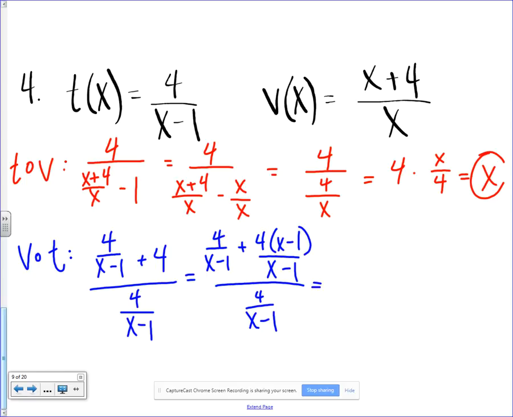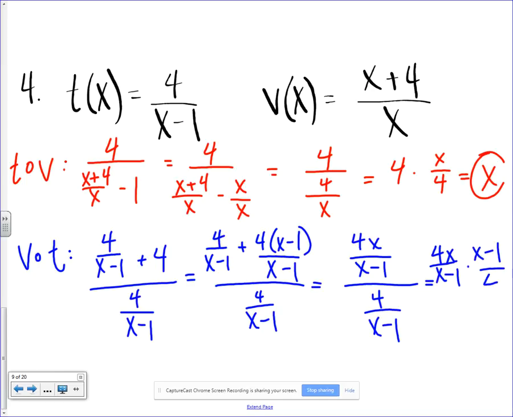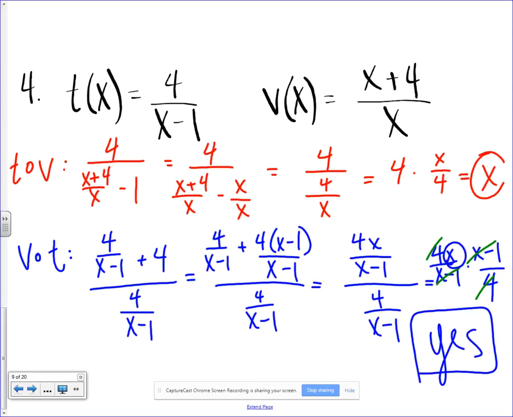Distribute, combine your like terms. Looks like I'll just end up with that up top. Multiply by the reciprocal. And everything will cancel except for that x. So yes, these two functions are inverses of each other.